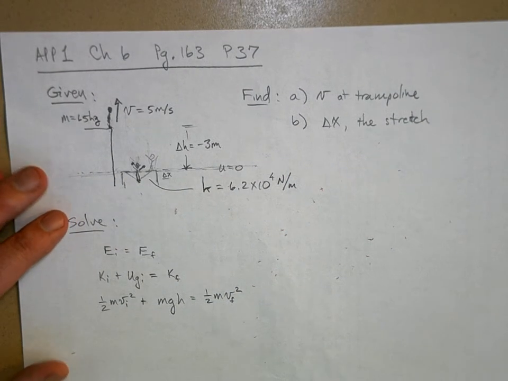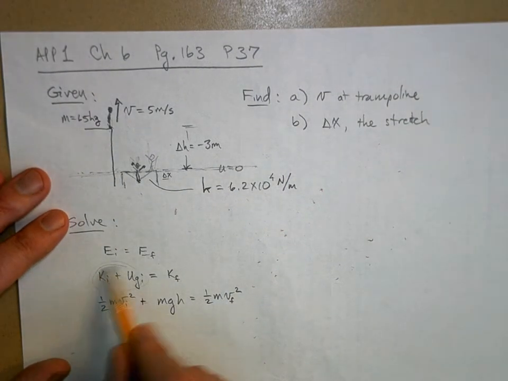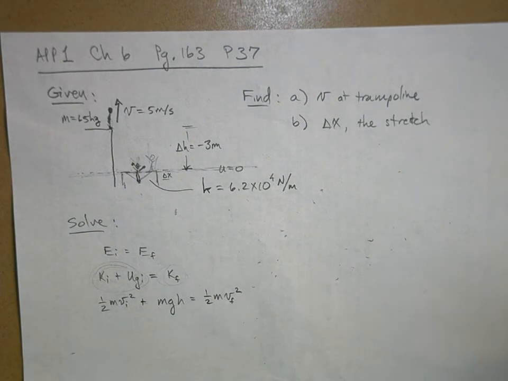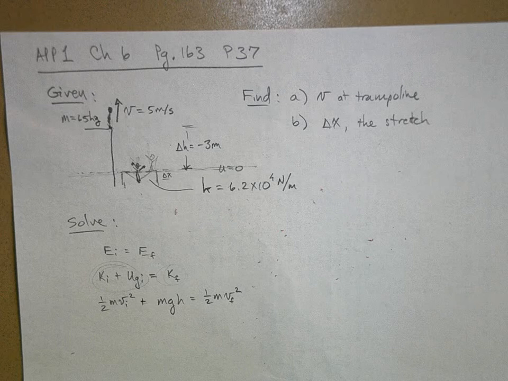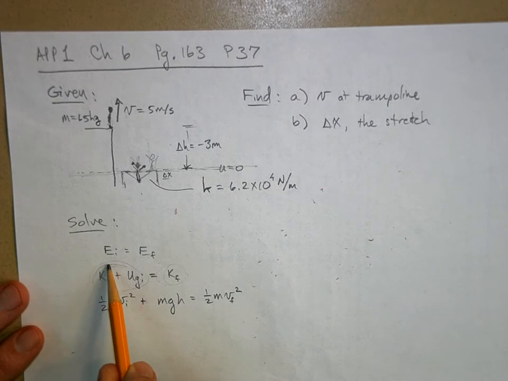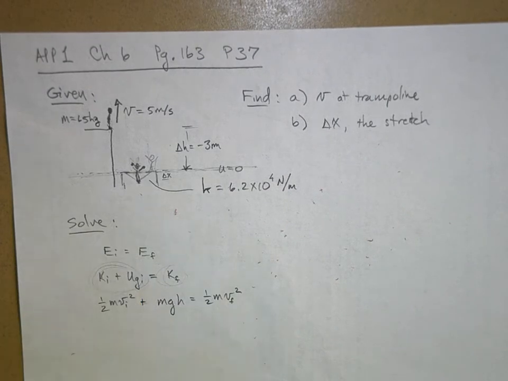So in other words, here's where my initial mechanical energy was. Here's where I'm landing. Now, and look, there's no friction in this problem. And there's no outside force adding energy to the problem once the person has jumped up. The only forces doing work here are gravity and springs. Thus, this is a conservation of mechanical energy problem.